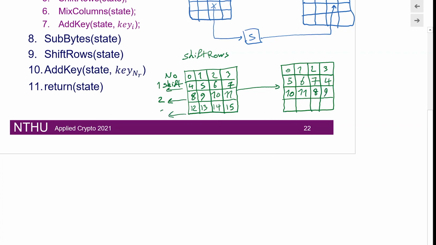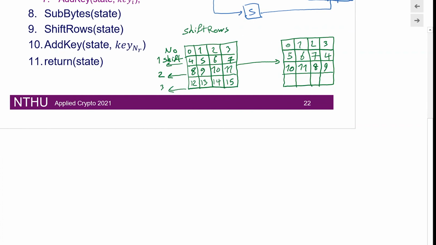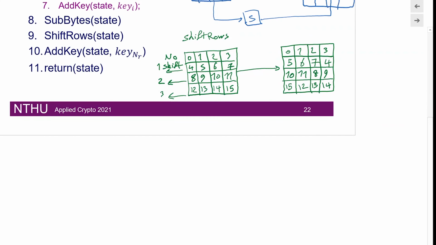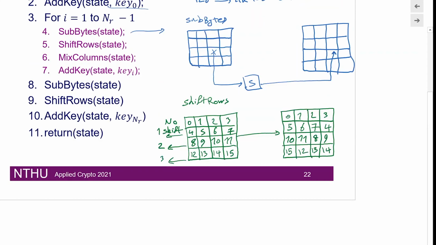And then the last one I do 3 shifts, and after 3 shifts I get 15, 12, 13, and 14, right? So this is how the shift rows would work. This is the operation. Every time we call this function, it would just shift the values as we have defined over here.